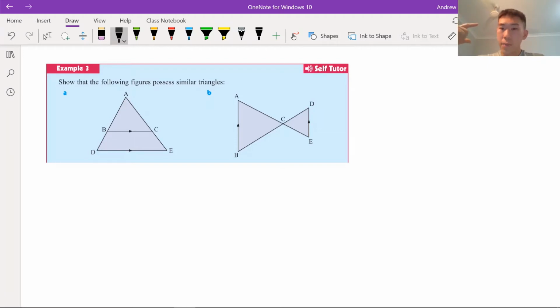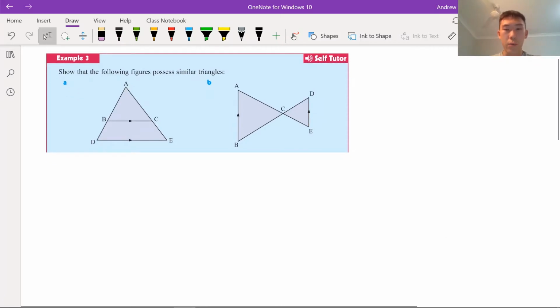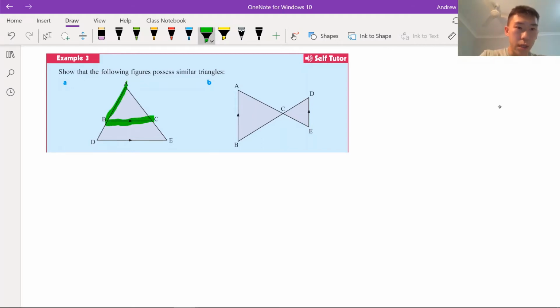All right, now let's have a look at example 3 here. We don't have any sides, so we can only use the angles. So we're going to be trying to show that the angles, let's start with A, in ABC are equal to the angles in ADE, big triangle, little triangle.